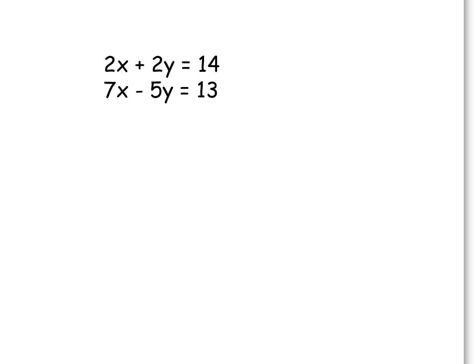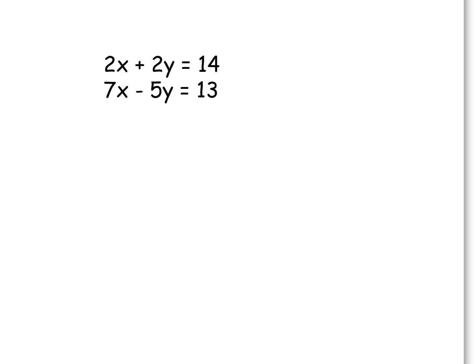So now my question is, what do you want to get rid of, the x's or the y's? I would look for the one that has smaller numbers. So the y's. Okay. 2 and 5. What can you tell me about 2 and 5? Okay, they're both prime.